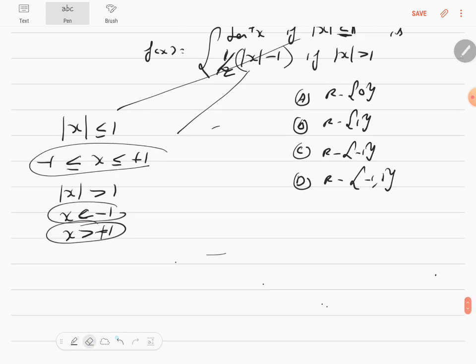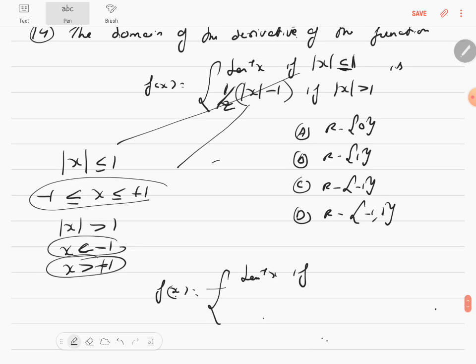So you can redefine the function to be f of x is equal to tan inverse of x if x is lying between minus 1 and plus 1, and there's this condition when x is lesser than minus 1, which has to be plugged in here, at which case this mod x will become minus x.